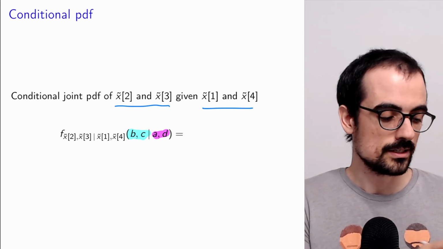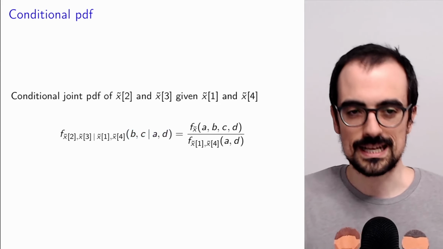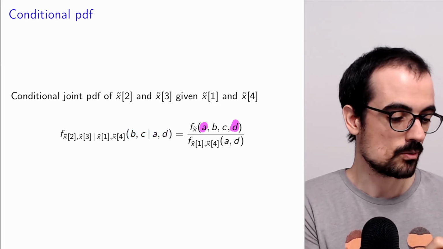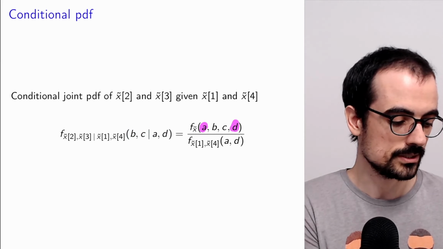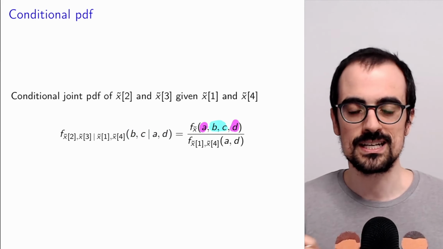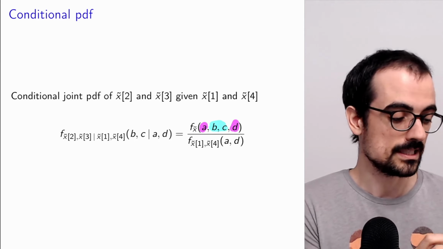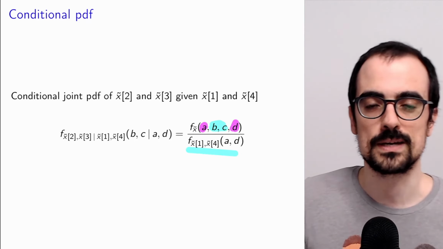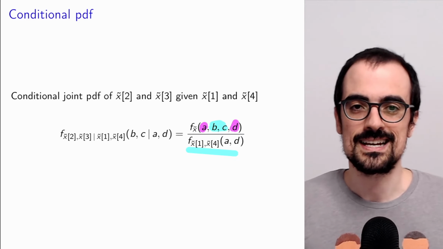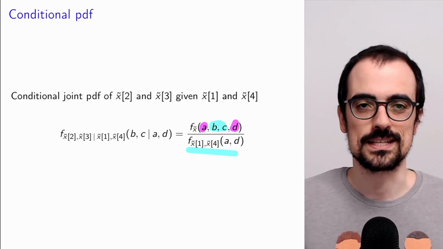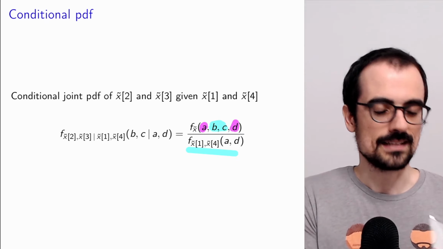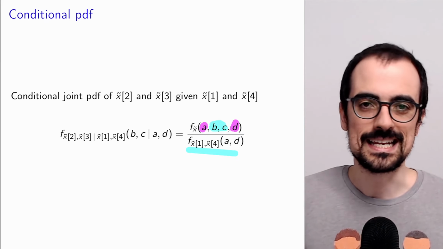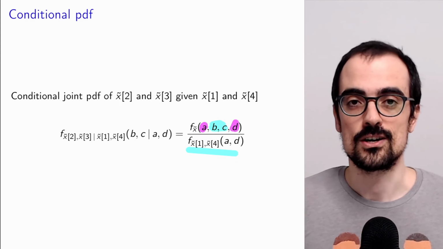So we're going to write the joint PDF, but really what we're doing is fixing this guy and this guy, and interpreting it as a function of these 2 guys. So now it's like a 2D function, which needs to be normalized. And the way we normalize it is dividing by this, which is the integral with respect to b and c, because it's the marginal of a. Okay, hopefully that makes sense. And hopefully you see how this generalizes to any number of variables or any dimension d of the random vector.